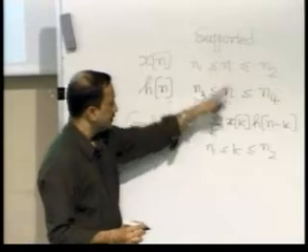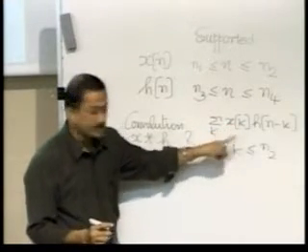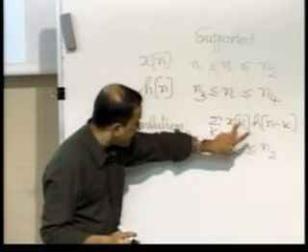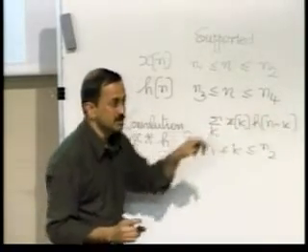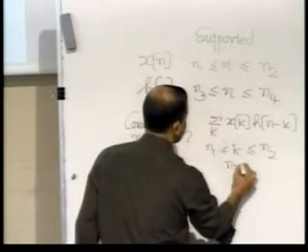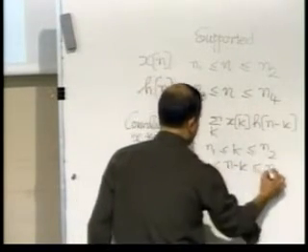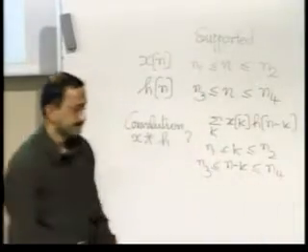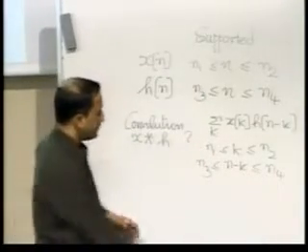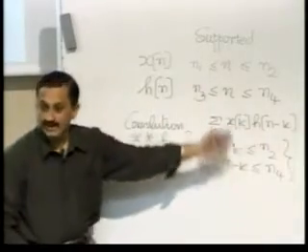For the output to be non-zero, there must simultaneously be a non-zero value of x and a non-zero value of h. And therefore, you must have k between these ranges and n minus k between these. And if we simply add, addition is a valid operation on two inequalities, right?